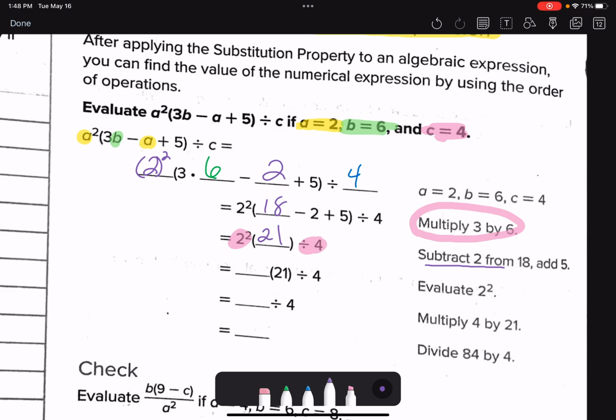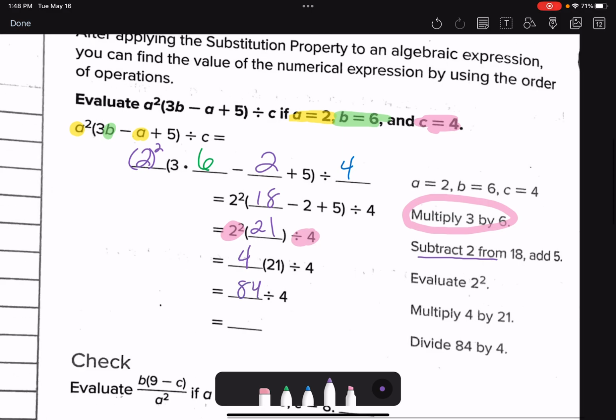So evaluate 2 squared. Well, 2 times 2 is 4. And then I'm going to multiply 4 times 21 because I have to move left to right, because multiplication and division are at the same level. So 4 times 21, you could go ahead and work that out. 1 times 4 is 4, and then 2 times 4 is 8.